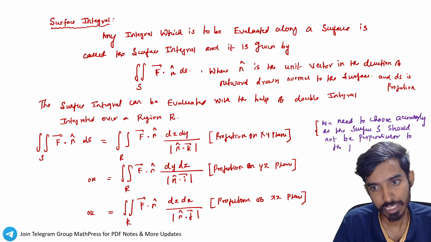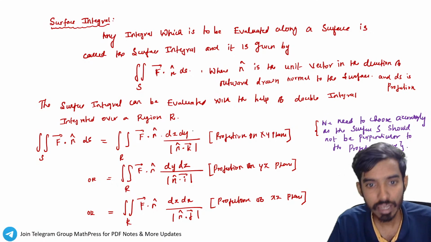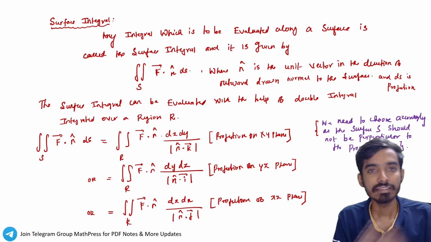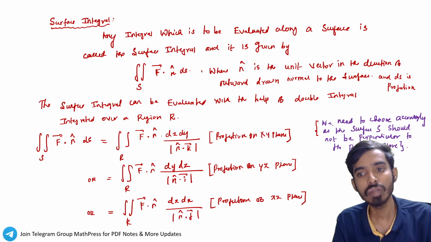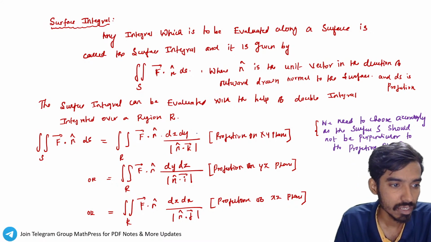So you need to choose such that the surface S and the projecting plane should not be perpendicular. If it is perpendicular, then this integral will be 0.